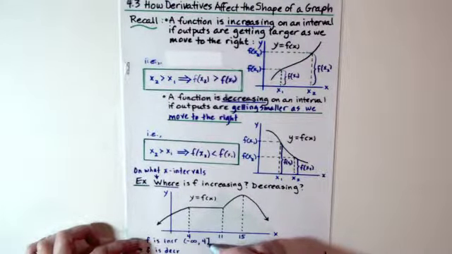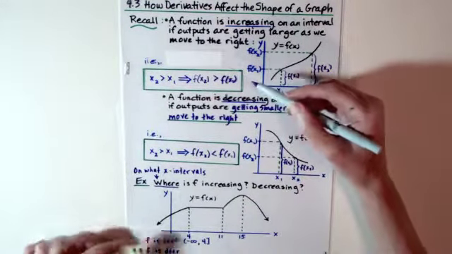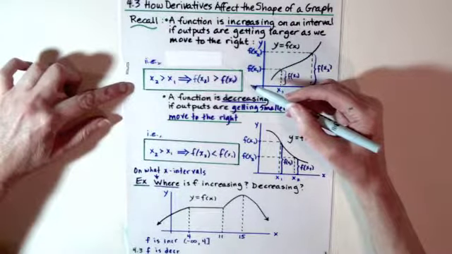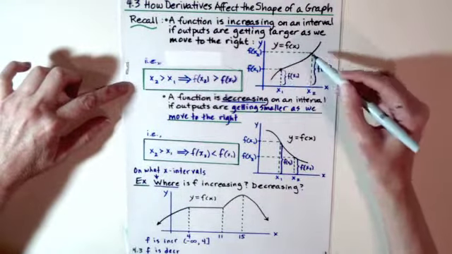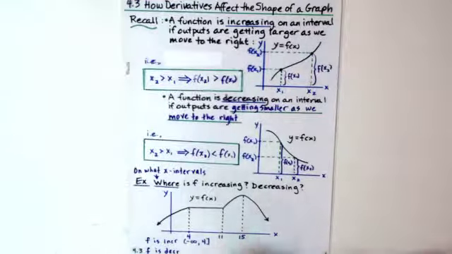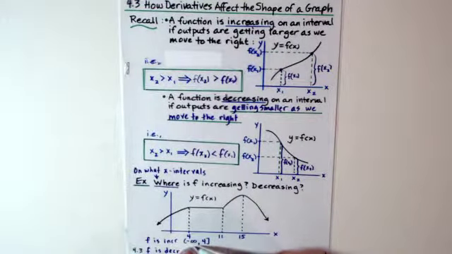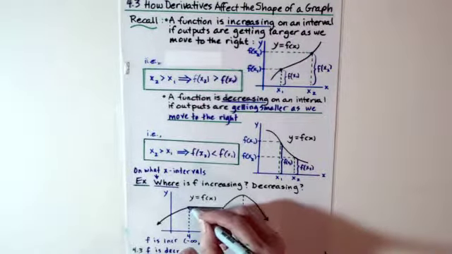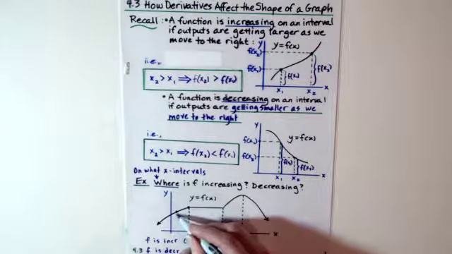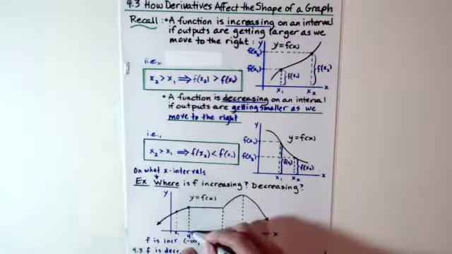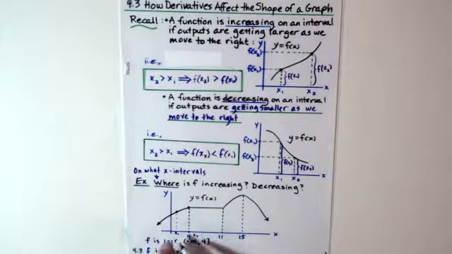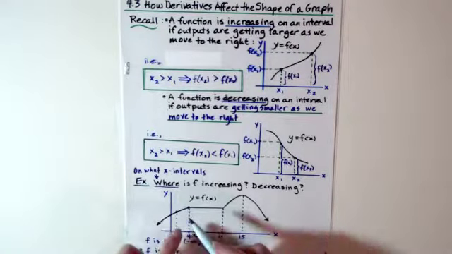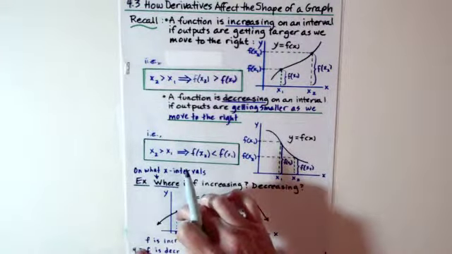Really, we should put a square bracket here, and the reason is that the technical way that we have defined a function being increasing is we talk about a function being increasing on an interval of values, and it turns out that on the interval from negative infinity up to and including 4, if I choose any x values, including 4 itself, and call the first one x1 and I let 4 be equal to x2, then when x2 is greater than x1, it's true that f of x2 is greater than f of x1.